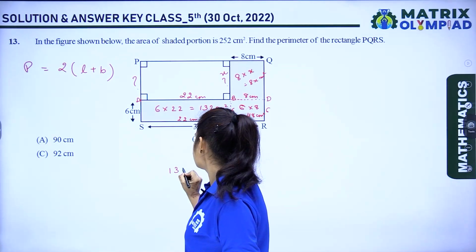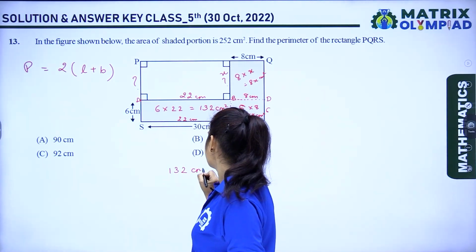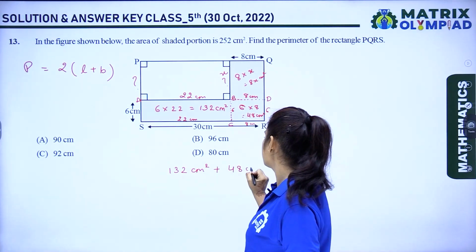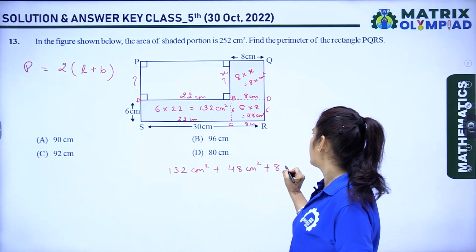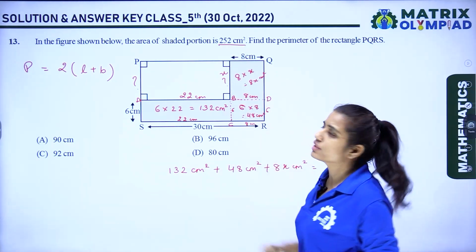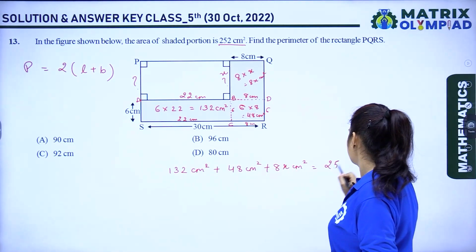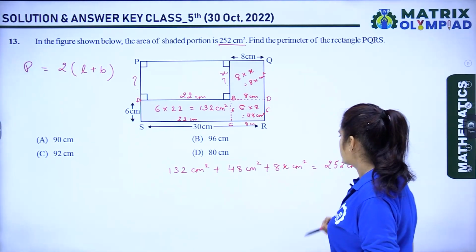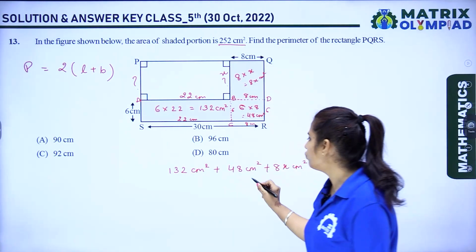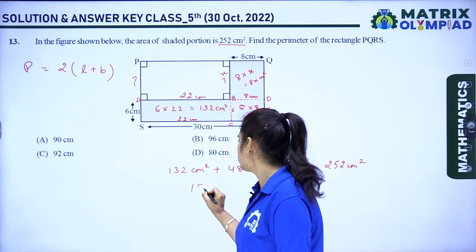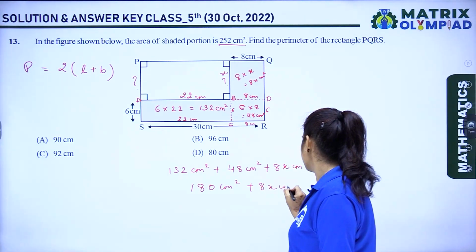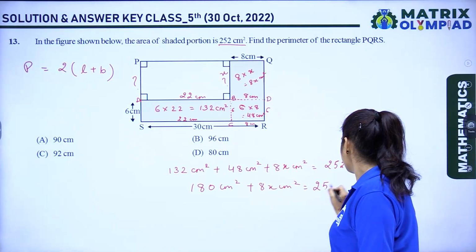So let's add the areas of these 3 rectangles: 132 centimeter square plus 48 centimeter square plus 8x centimeter square, that is equal to 252 centimeter square. So let's calculate this part. 132 centimeter square plus 48 centimeter square will give us 180 centimeter square, plus 8x centimeter square equal to 252 centimeter square.